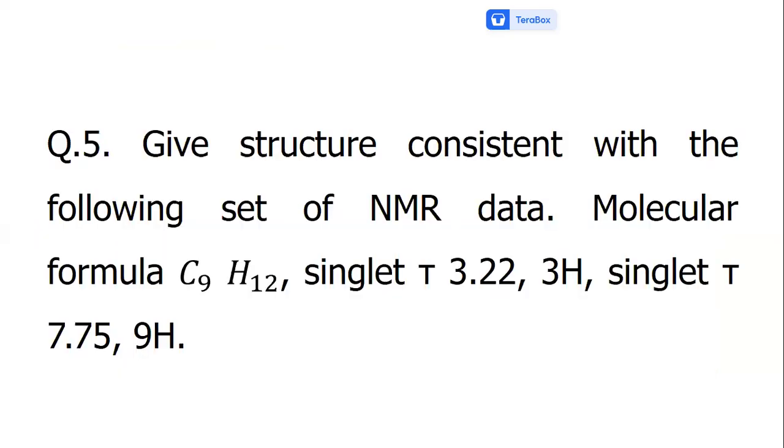Question number 5: give the structure consistent with the following set of NMR data. Molecular formula C9H12, singlet tau value 3.22, 3 hydrogens; singlet tau value 7.79, 9 hydrogens. In this question tau is given.